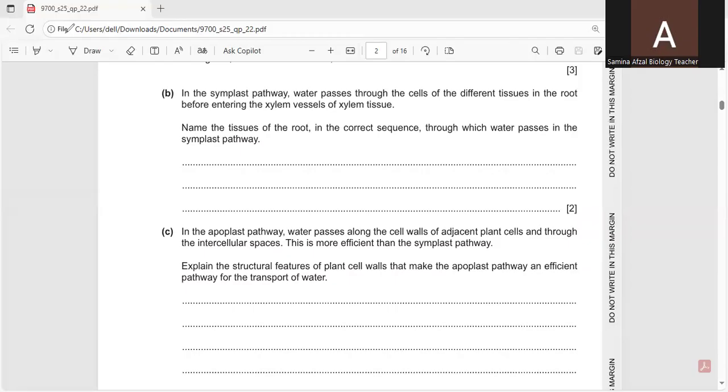So water moves through the cytoplasm from one cell towards the other cell. So here the correct sequence of the cells for water to move from one cell to the other will be, first of all, I would like to draw a small structure just to show you how the water moves and what the different parts are.